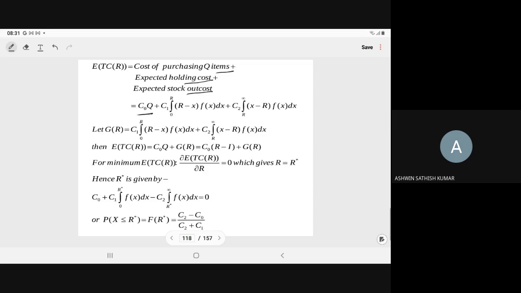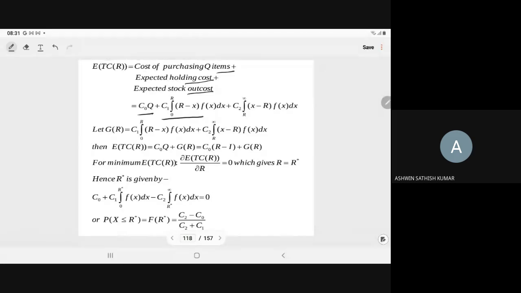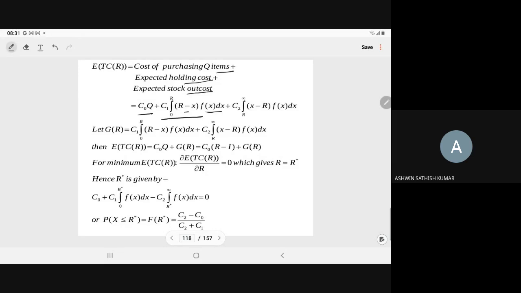Since X is random in nature, a continuous random variable, the expectation will become C1 times value into probability, so R minus X into f(x).